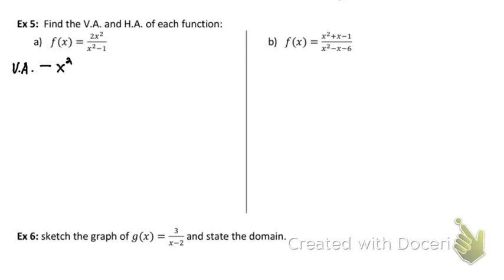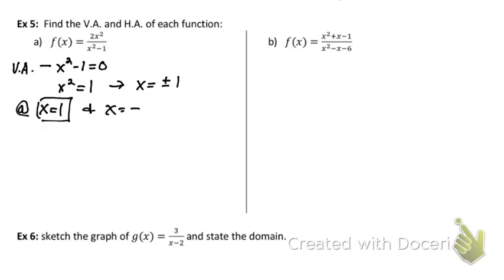So x squared minus 1 equals 0, which gives x squared equals 1, so x equals positive or negative 1. We have vertical asymptotes at x equals 1 and x equals negative 1. We'll graph that for the next problem. For right now, just picture a dashed line at 1 and a dashed line at negative 1.